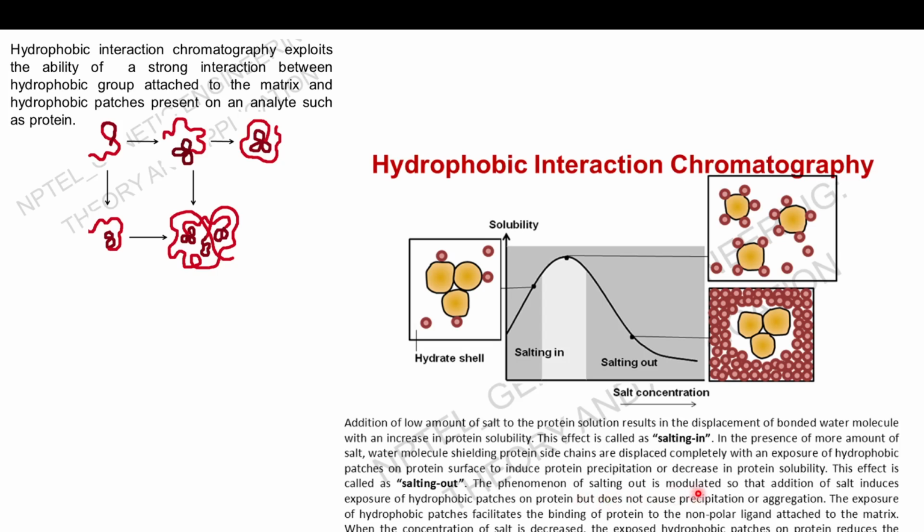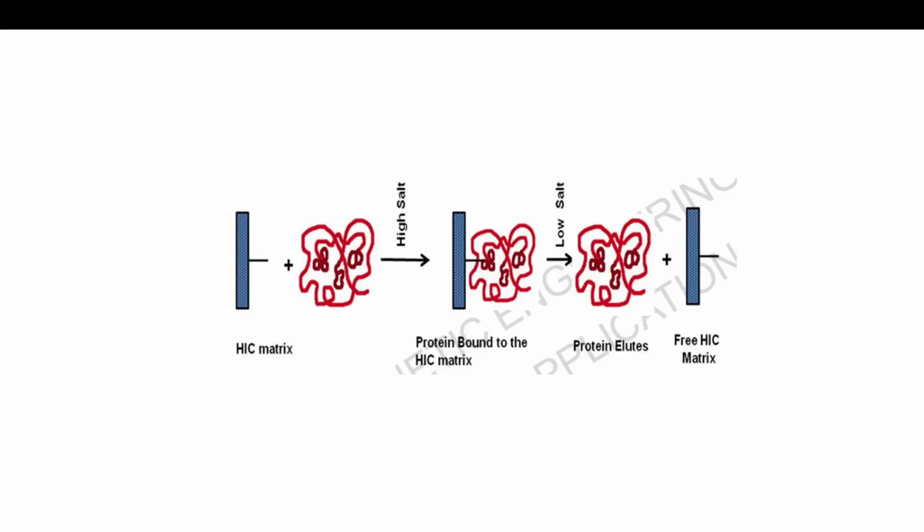And the phenomenon of salting out is modulated so that addition of salt induces exposure of hydrophobic patches on the protein, but then it shouldn't precipitate or aggregate the protein. Okay, this exposure facilitates the binding of the protein to the non-polar ligand attached to the matrix, and when the concentration of salt is decreased, the exposed hydrophobic patches on the protein reduce the affinity towards the matrix and the protein is eluted out. This is the basic diagram.